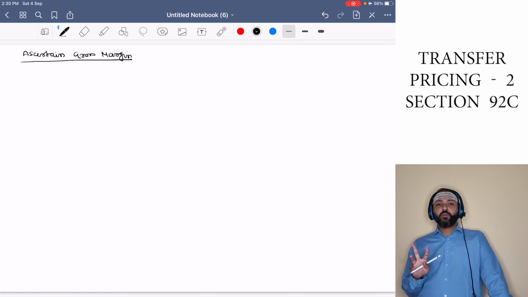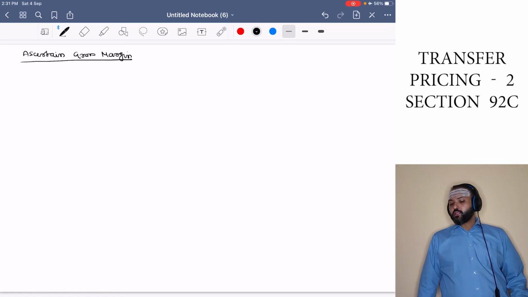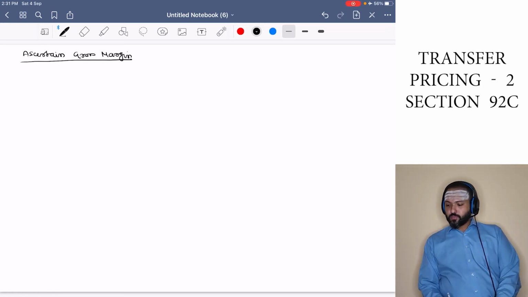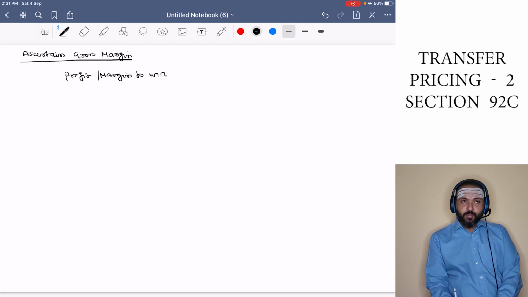You cannot take between two related parties. You have to consider it between two unrelated parties. So, what is the percentage given? 40%. Okay. So now the question tells that gross margin, profit or margin to unrelated party. How much is it? 40%.